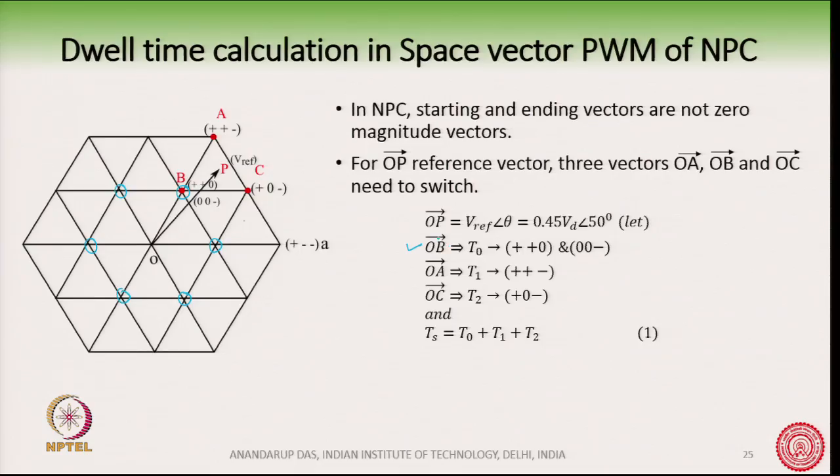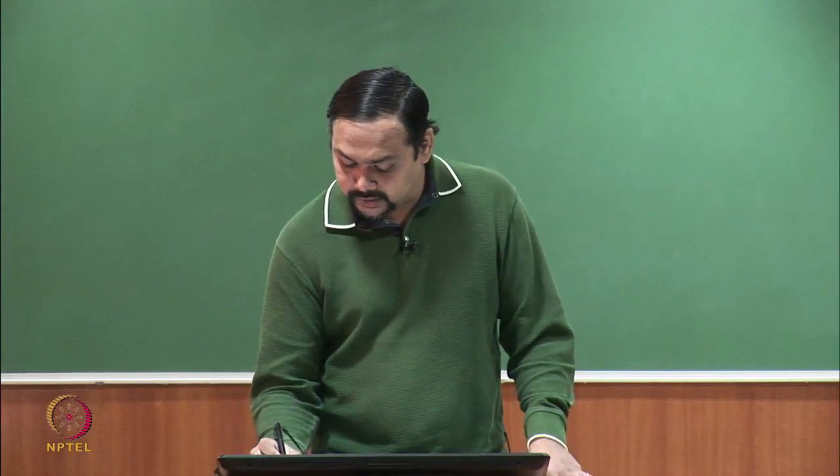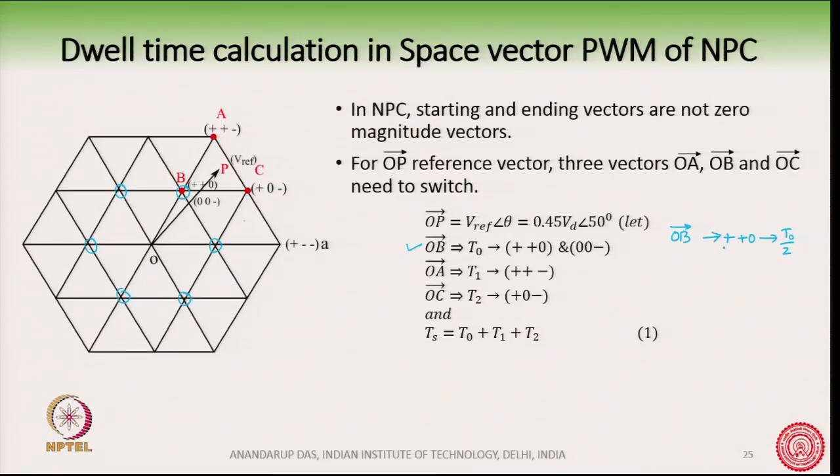And so, this OB vector, for example, we will switch like OB for the switching combination say plus plus 0 for T0 by 2, for example. This is one of the switching strategies. So, OB vector with a multiplicity of plus plus 0, we will switch for T0 by 2 time period and then we can switch OA vector for T1 time period and the multiplicity will be plus plus minus, and then we switch the OC vector.